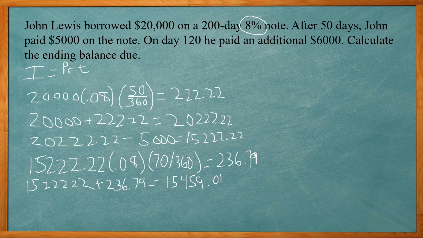Then they paid 6,000, so we're going to subtract that. So the 15,459 and 1 cent minus the 6,000 is going to give us 9,459 and 1 cent.